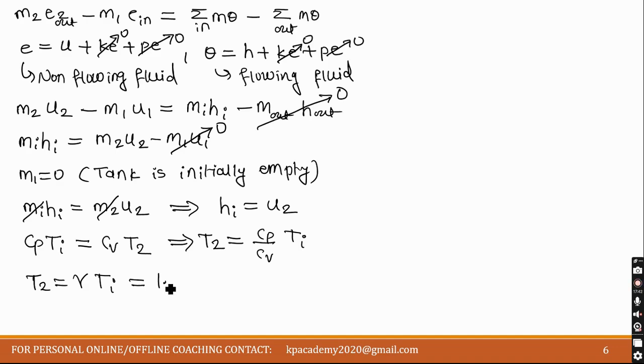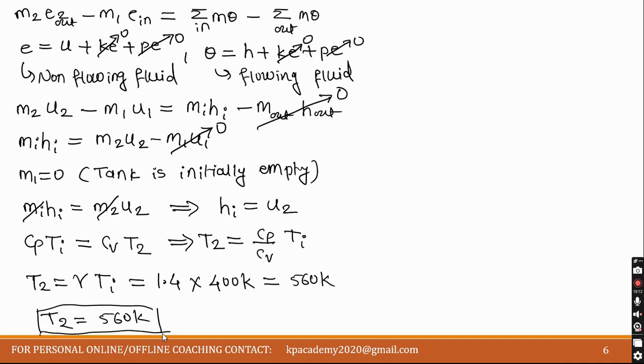As it is air, so we can write 1.4 into Ti. Ti is what? The initial temperature of the air, right? So what was that? It was 400 Kelvin, isn't it? So this becomes equal to 560 Kelvin. So final temperature inside the tank, right? It is 560 Kelvin.